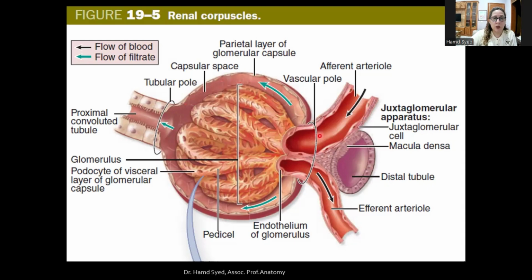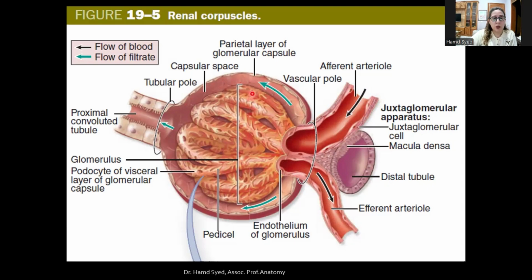We know the blood is going to enter the tuft of capillaries from the afferent arteriole, which is of larger diameter in comparison to the efferent arteriole, which is of smaller diameter, where the blood is going to exit or leave the glomerulus. Now, while the blood travels within this tuft of capillaries, known as the glomerulus, it is going to be filtered across the glomerular filtration barrier.